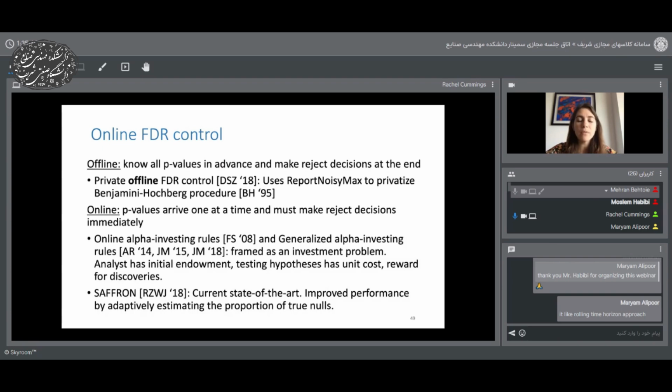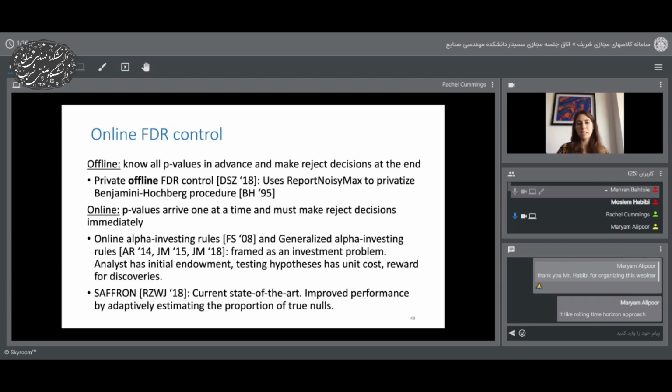We have a lot of non-private tools, and these started with online alpha investing rules, and then an extension of that, which basically framed this as an investment problem. And the nice thing is that we're very good at solving investment problems online. And so we can apply all of those tools. Basically, an analyst has some kind of initial endowment.